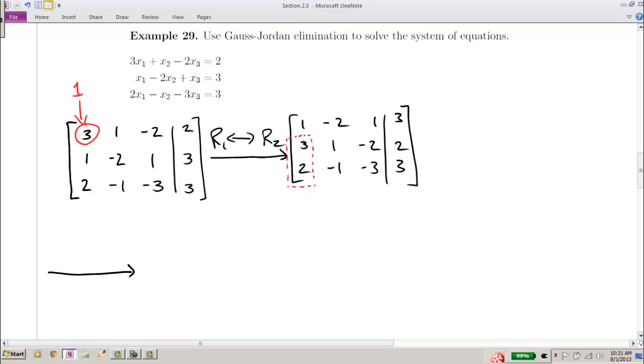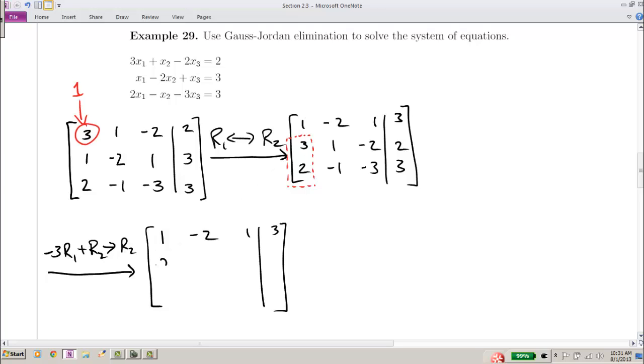To zero out the 3 in row 2, what we're going to do is take row 1 and multiply it by -3, add it to row 2, and put the result into row 2. Row 1 is unchanged. So -3 times 1 plus 3 is 0.